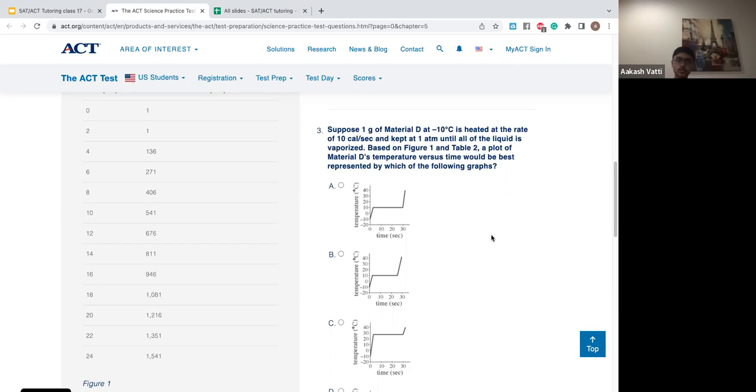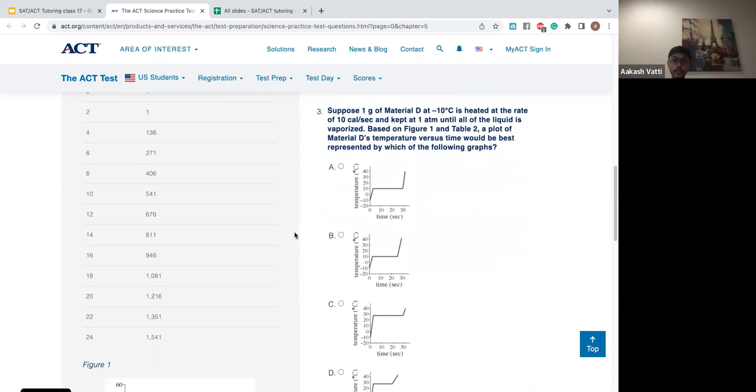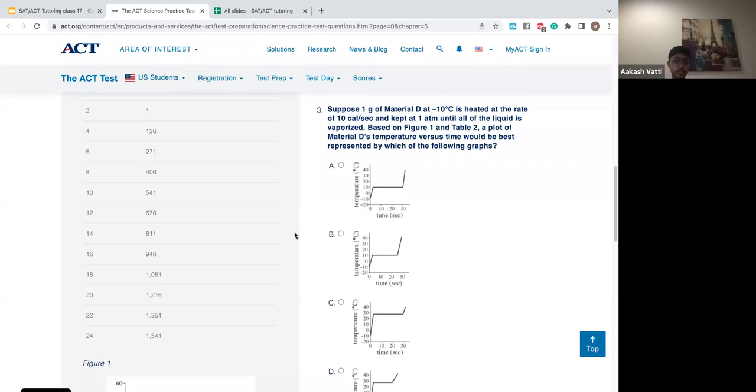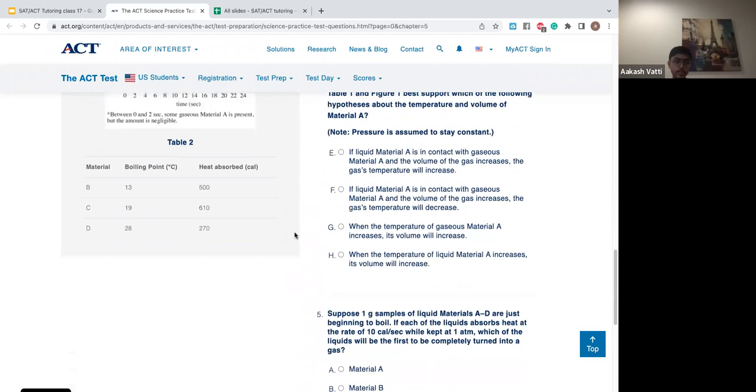All right, so it's asking us to look at table 2 and figure 1 and figure out which plot of material D's temperature versus time would be best represented by one of the following graphs. We know from table 2 that material D boils at 28 degrees.